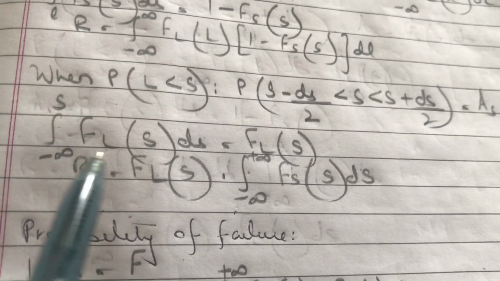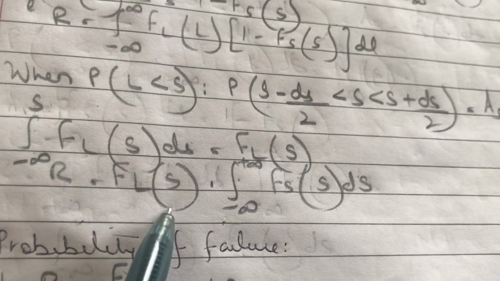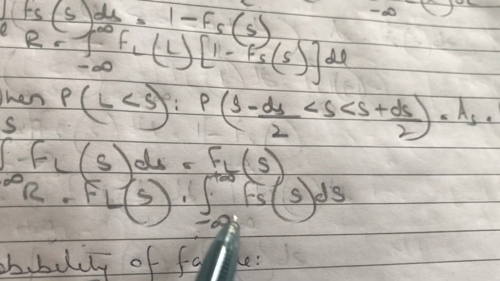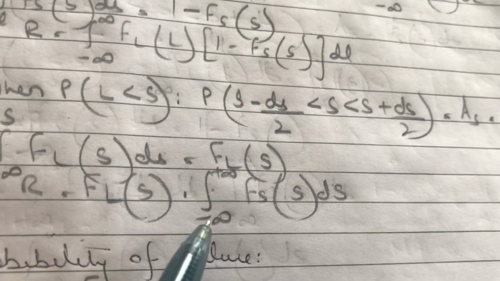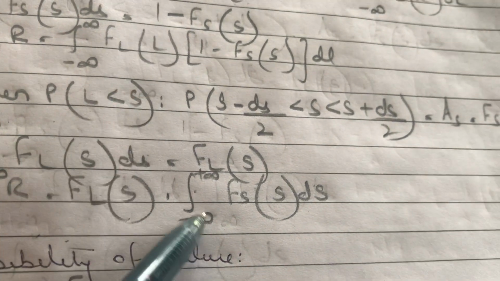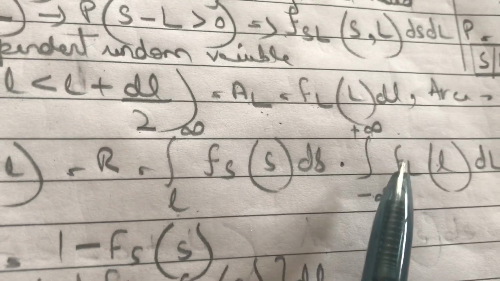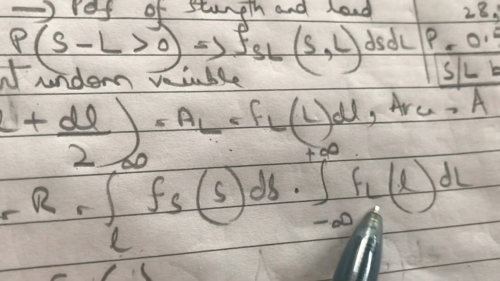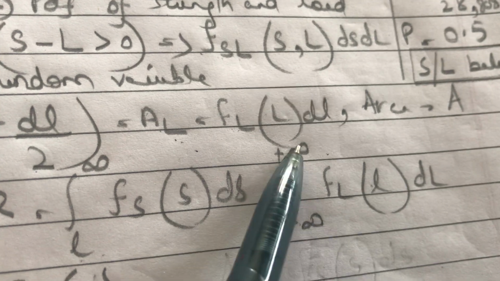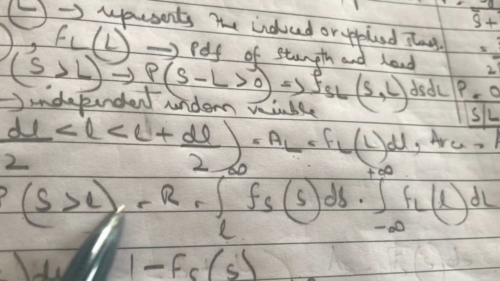And what happens now? We got the reliability as fL of s, and the other term, here we have put fs of s from minus infinity to plus infinity. Why have we created this? Because it is the same, you remember, like we put the limit of fL of L dL from minus infinity to plus infinity, because the limit for L was unknown.